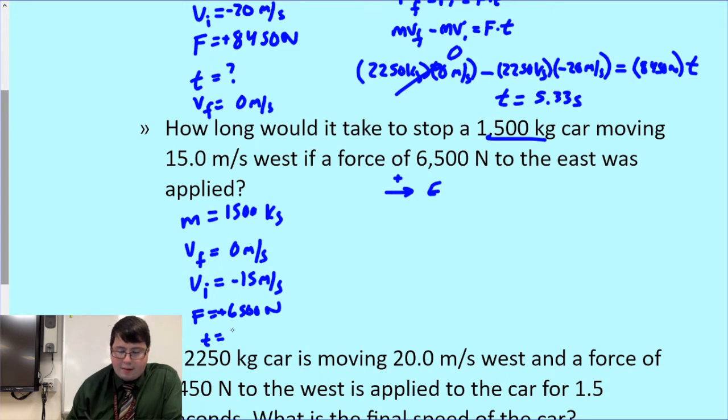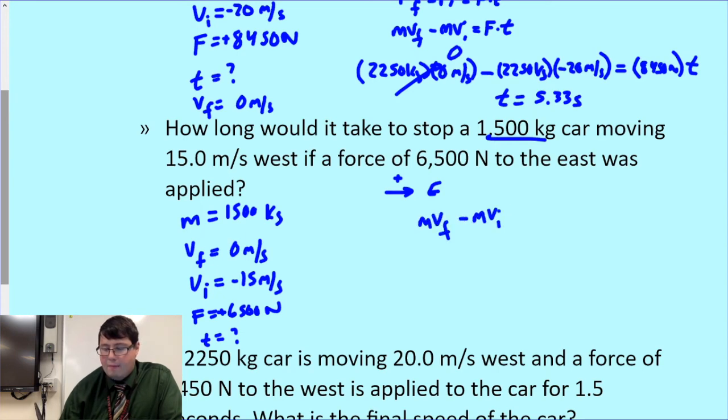We're going to go ahead and find the time using my same equation from before. mvf minus mvi equals F times t. Plugging in my numbers, m is going to be 1,500 kilograms.